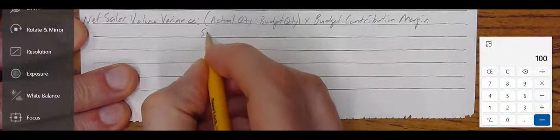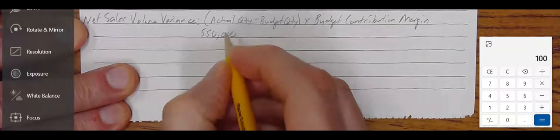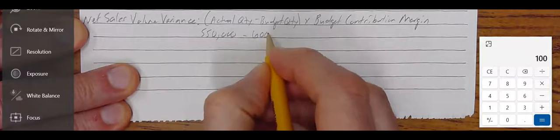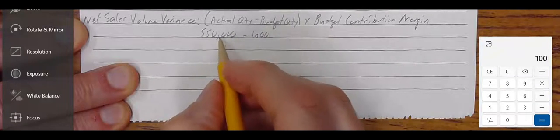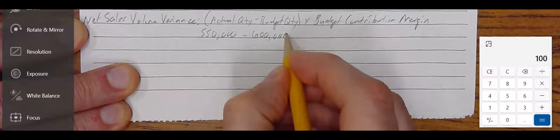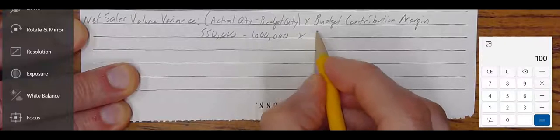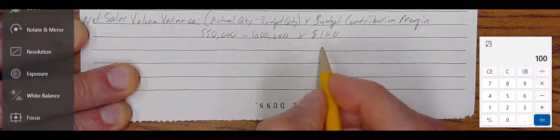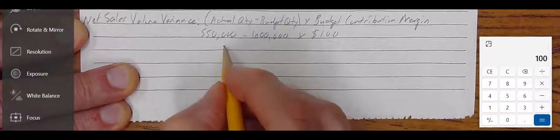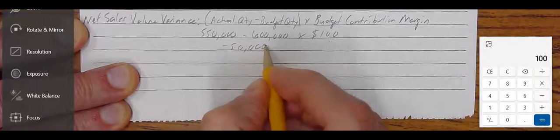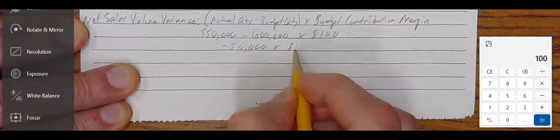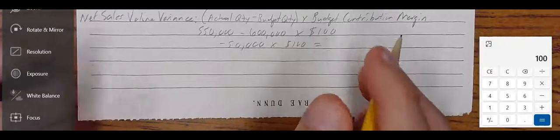Actual quantity was 550,000 minus budgeted quantity of 600,000 times our budgeted contribution margin of 100. Okay.